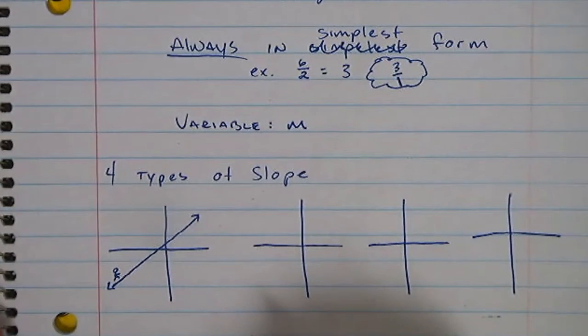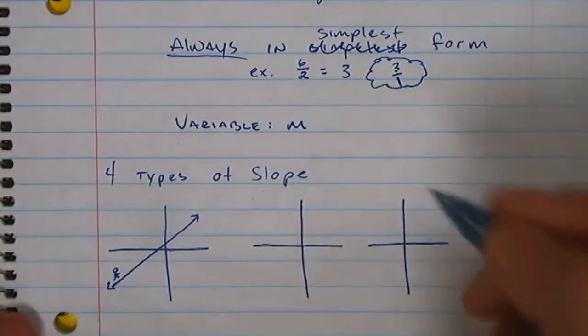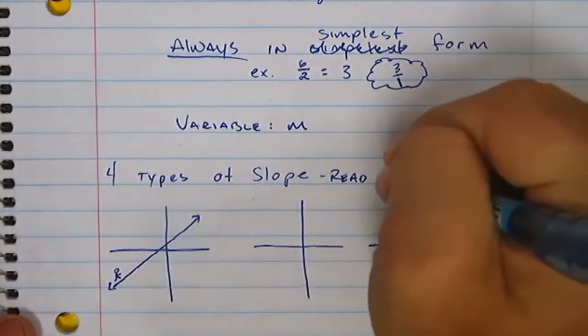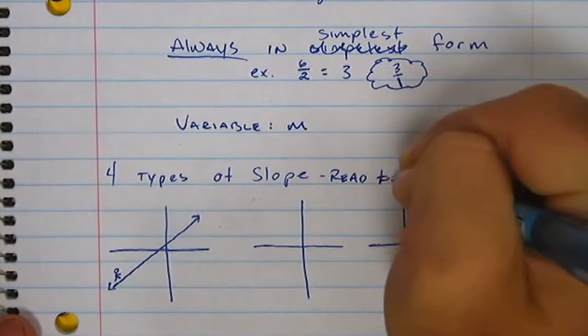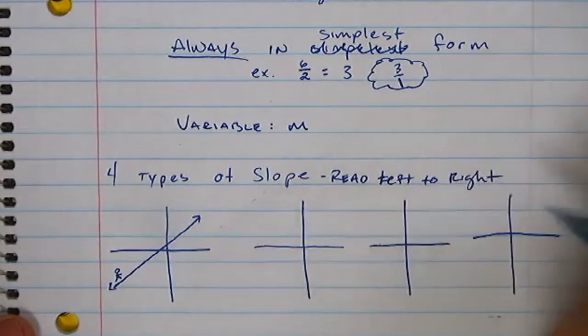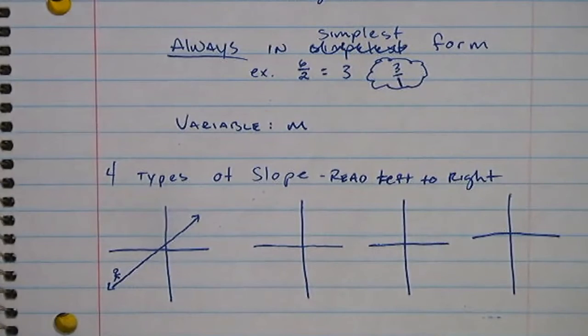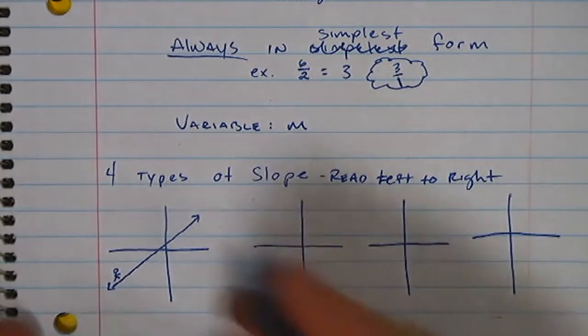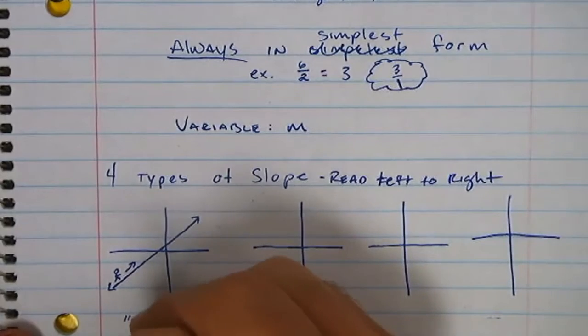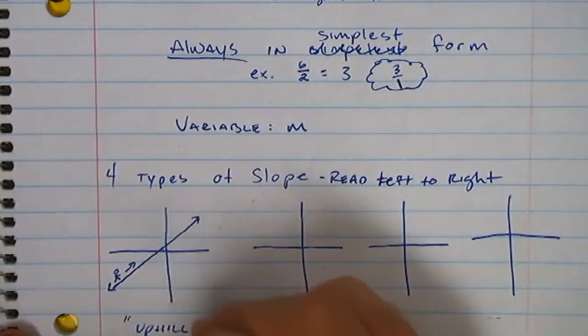Now, we're always going to read it left to right. So 4 types of slope, read left to right. So he's walking up the graph. He's heading in this direction. We're going to think of that as uphill.